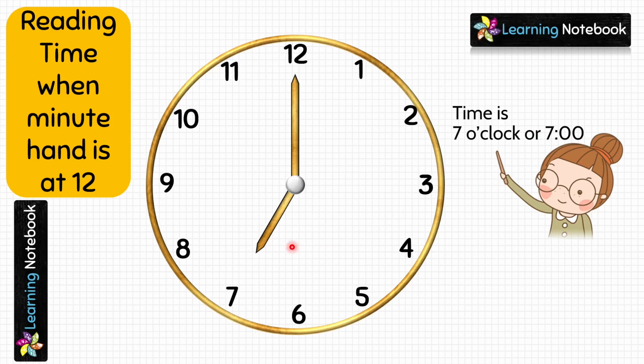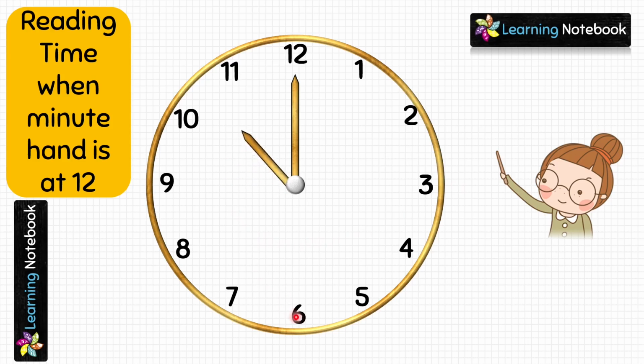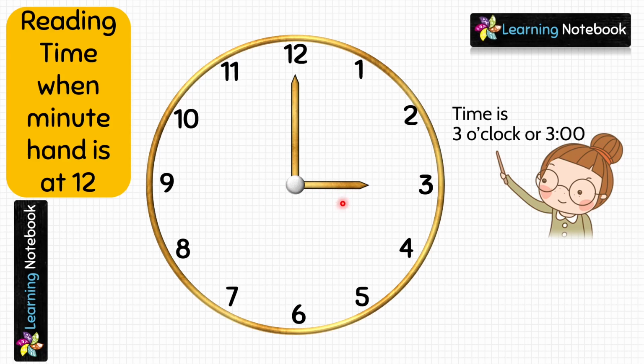Now, let me move this hour hand to 3. So now the hour hand is at 3 and the minute hand is at 12. So we say this time as 3 o'clock or 3.